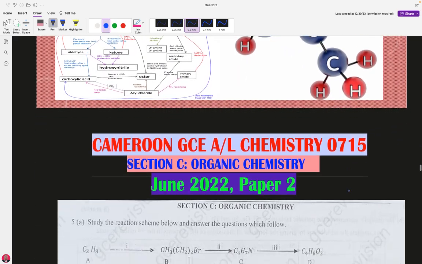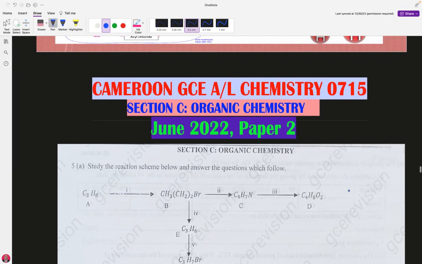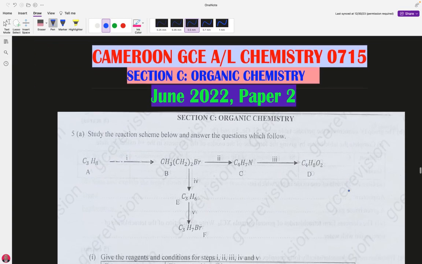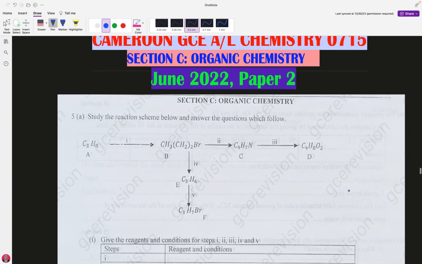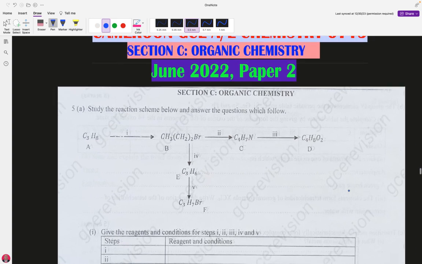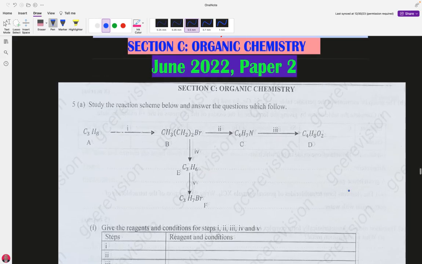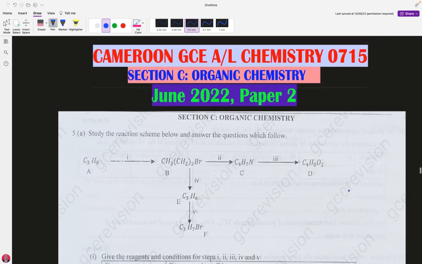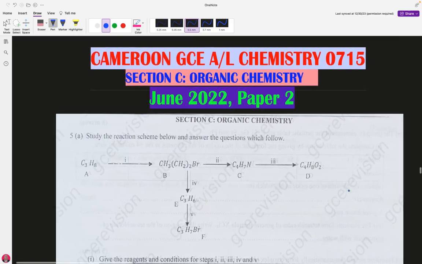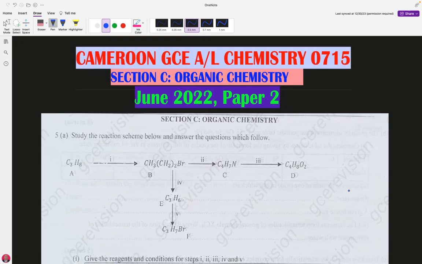We are starting with June 2022, paper 2, that is organic chemistry, section 5. Question number 5. The question reads: A. Study the reaction scheme below and answer the questions which follow.